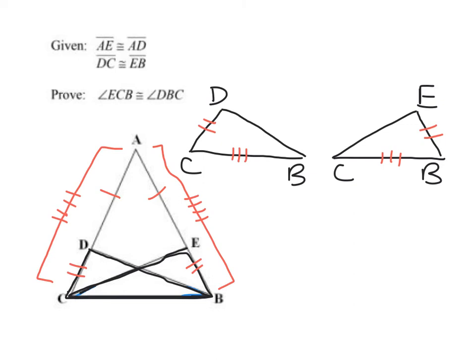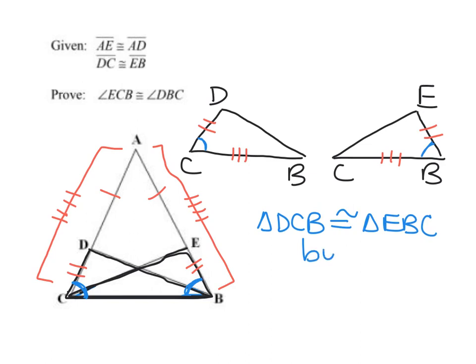Therefore, if those two sides are congruent, then the angles opposite those sides are going to be congruent as well. And so that is angle DCB and angle EBC in our pulled apart triangles. So we're going to be able to get these two triangles, triangle DCB and triangle EBC, congruent by SAS.